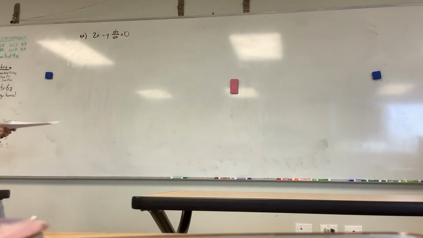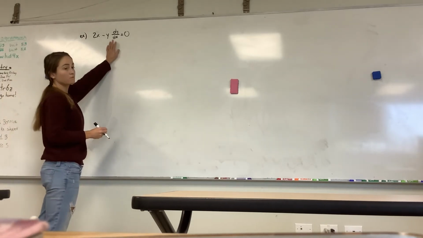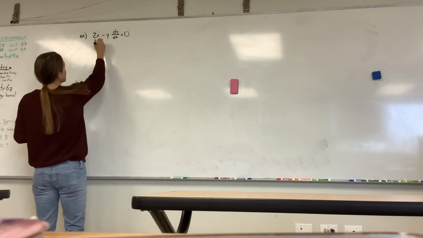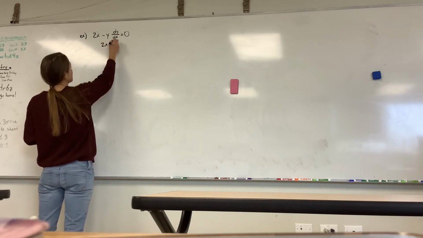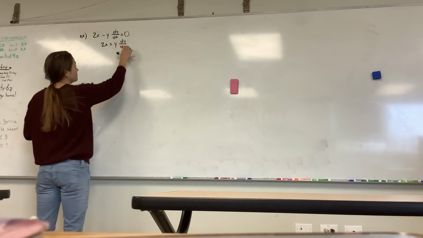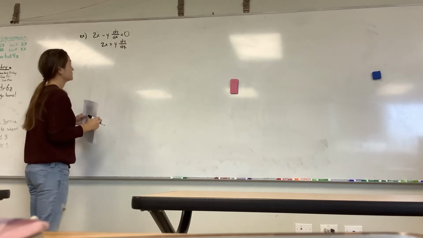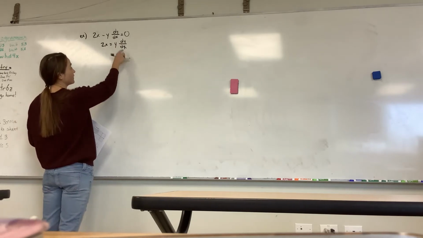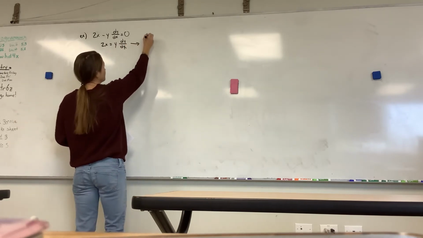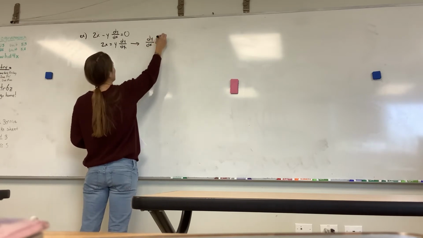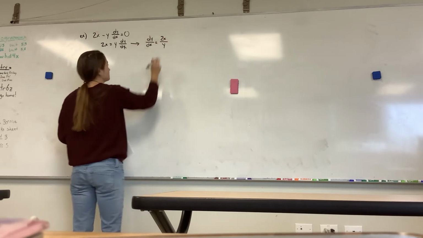Now usually it's easier for me to figure out the slope fields if I solve for dy/dx. So I'm going to say, okay, 2x is equal to y dy/dx. There we go. Just added that term to this side. And now if I divide by y, I'll solve for dy/dx. So dy/dx is equal to 2x over y.